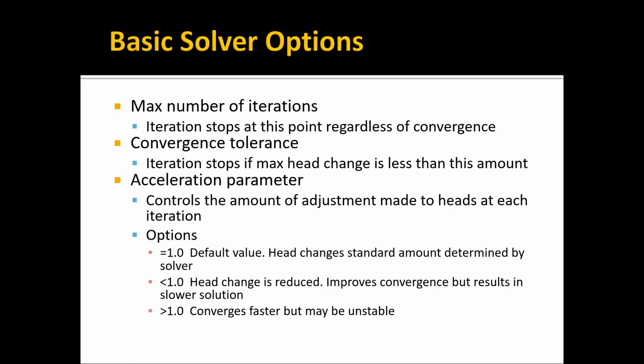Sometimes to get it to converge, you need to reduce the acceleration parameter. So instead of using a value of 1, you can change it, just for the sake of argument, to something like 0.1. So at each iteration, it calculates how much it thinks it needs to move the heads, and then it moves it by 1/10 of that value.